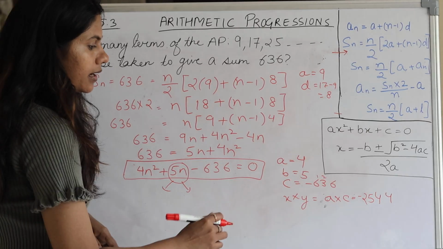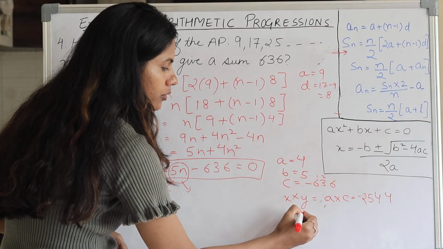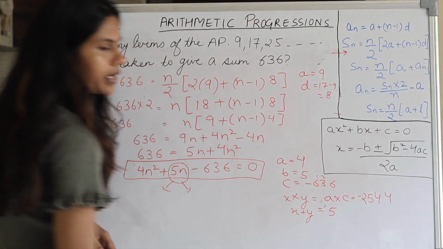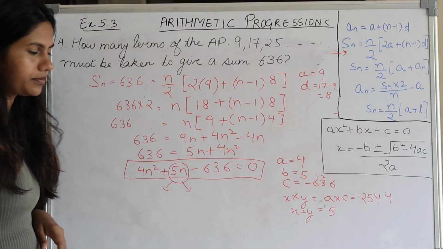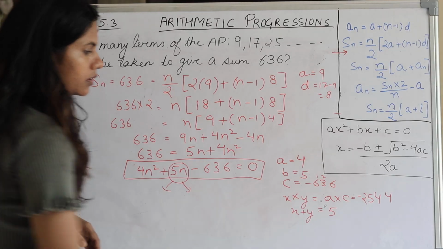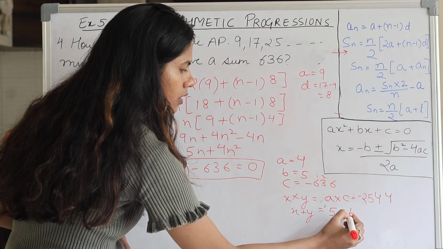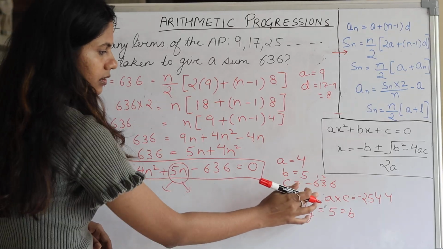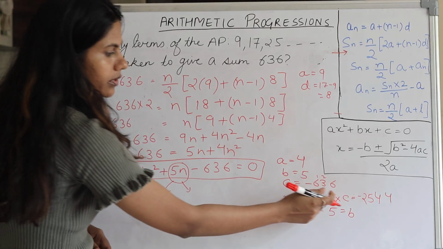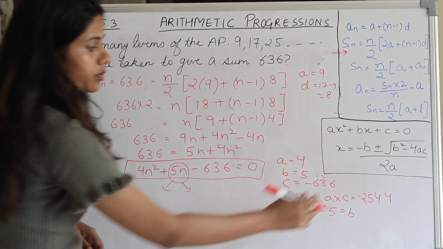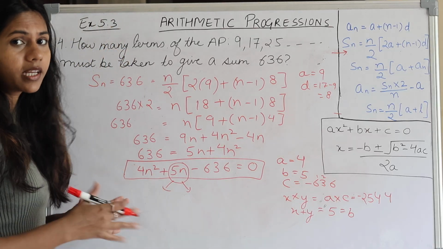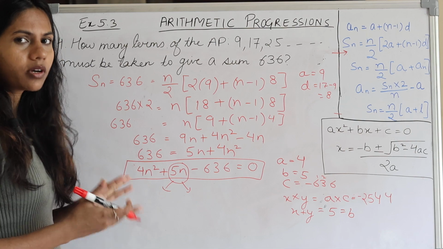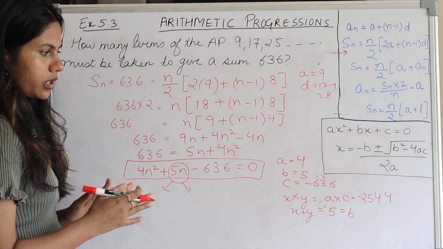And when we add those two terms, it should be equal to 5, b. We can see that a into c is minus 2544, which is really a big number, so it is not really easy to find such two terms.